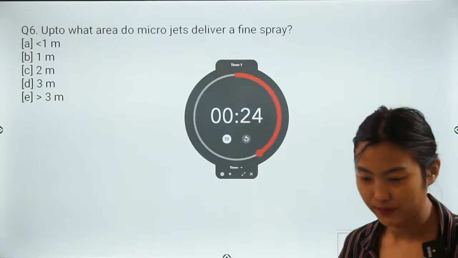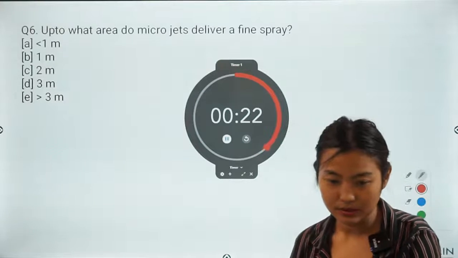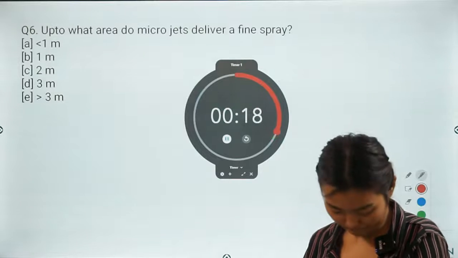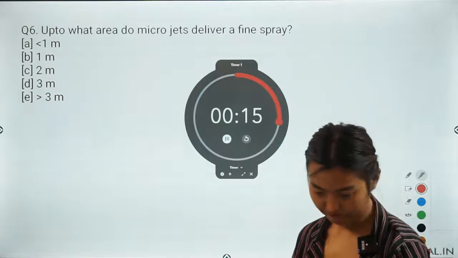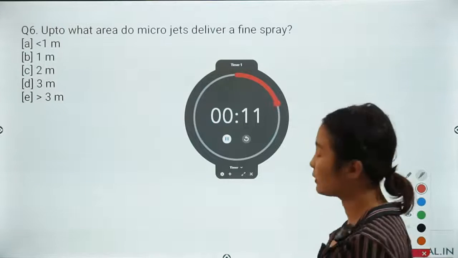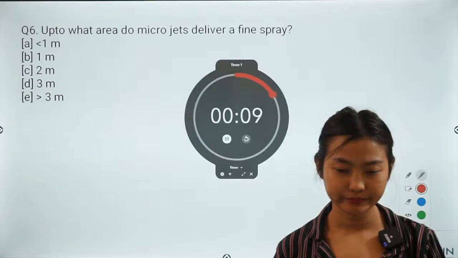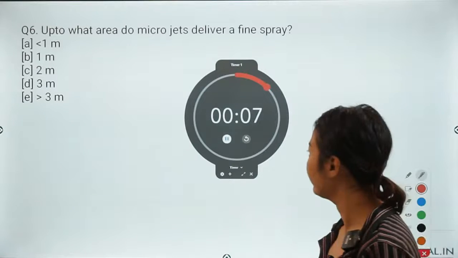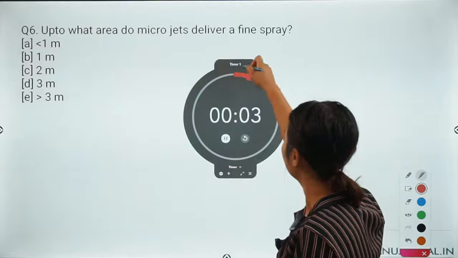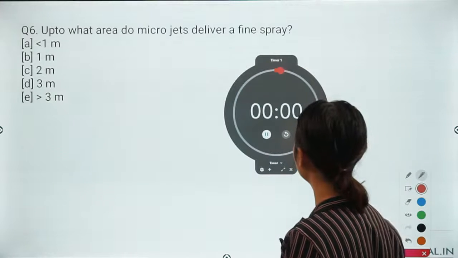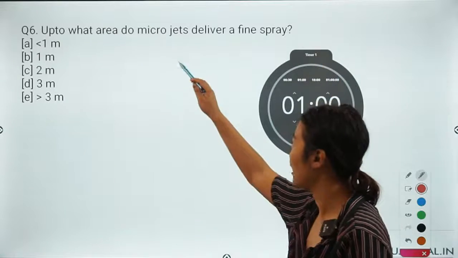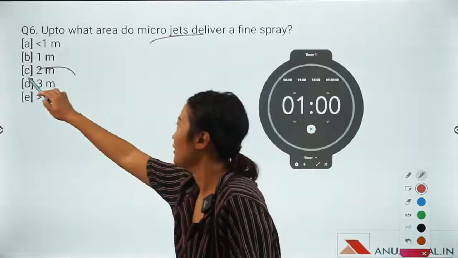Aniket says 2 meter. All right, so the answer for the microjets is 2 meter, which is C.